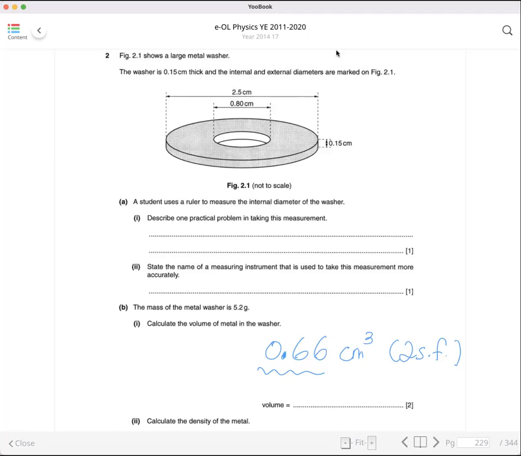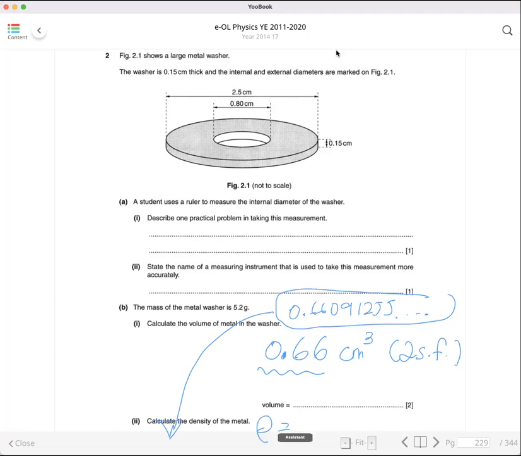Let me tell you what's the value in the calculator. Your value in your calculator should be 0.66091255 and so on. So you use this value in your calculation of density.